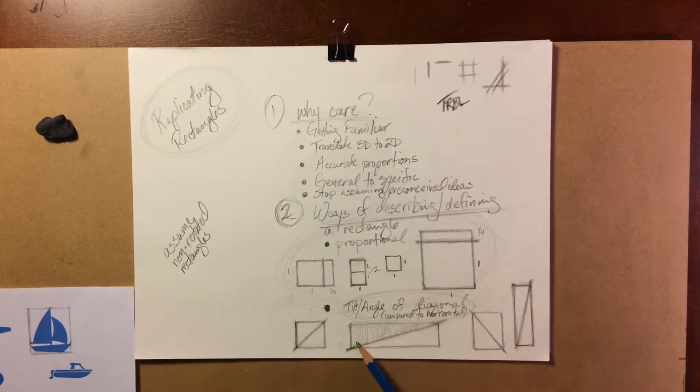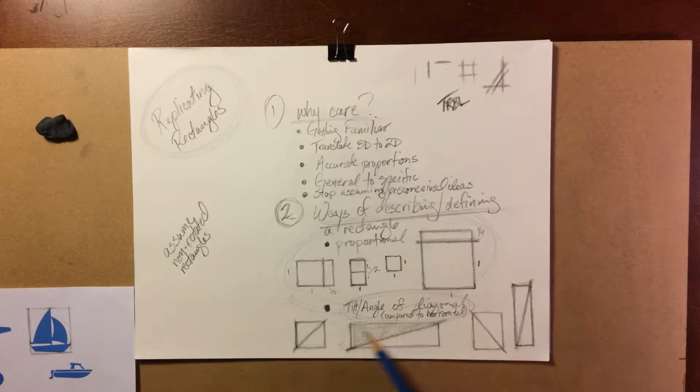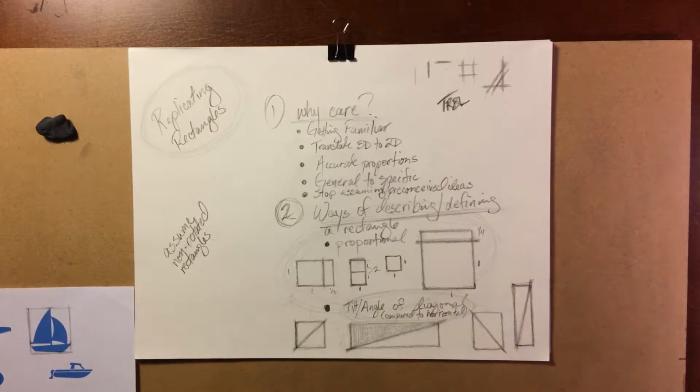And being able to take that shape in as a whole, our right brain really sees objects in their totality.